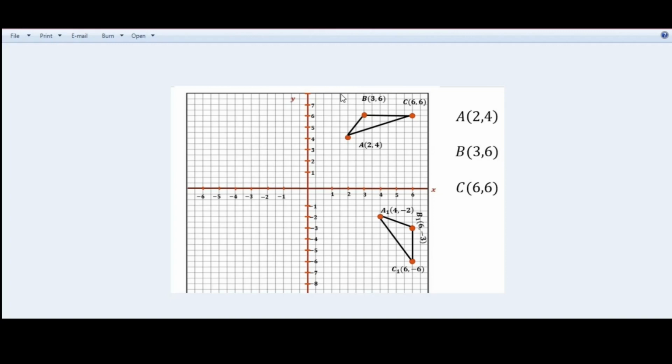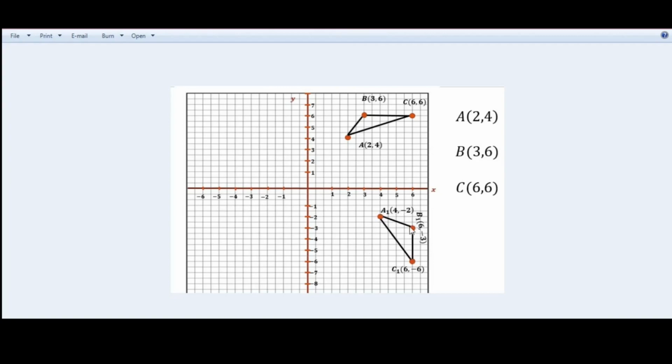In our previous discussion, we were asked to plot the triangle ABC, and the triangle ABC was rotated through 90 degrees clockwise, and that produced the image triangle A1, B1, C1. I would like to plot the same triangle ABC and rotate it through 270 degrees anticlockwise to see whether it will produce the same result as we have over here.